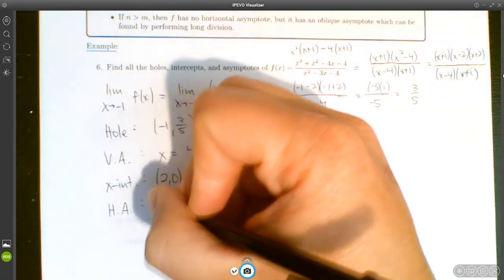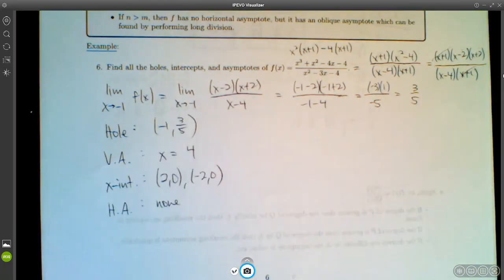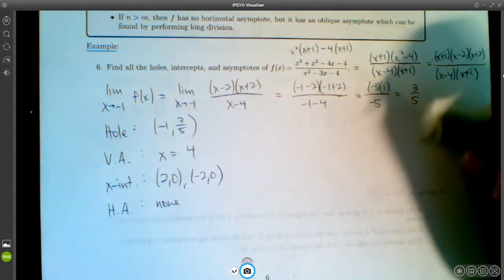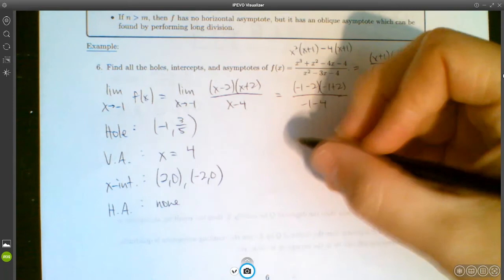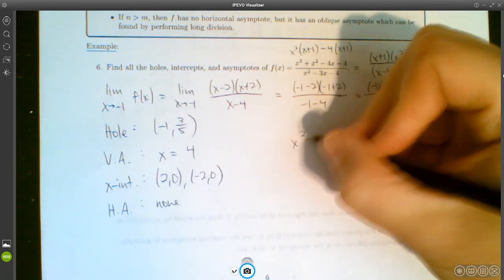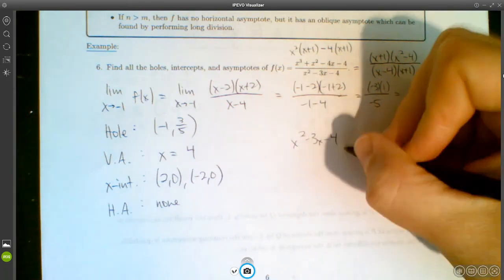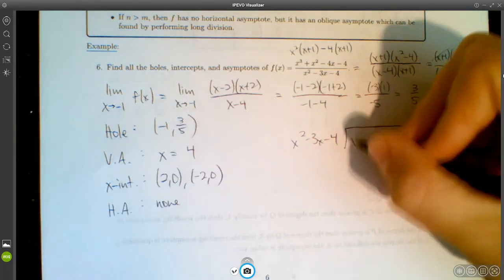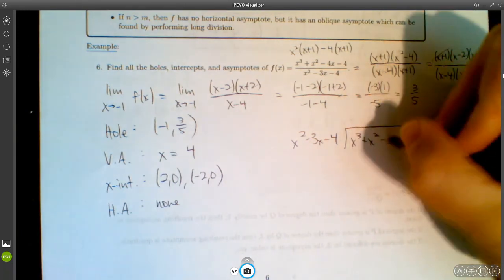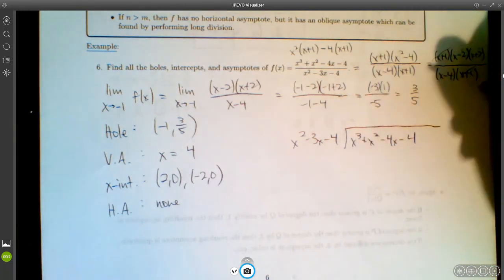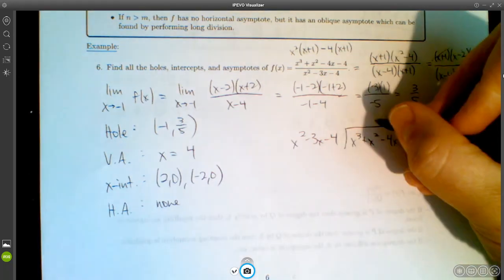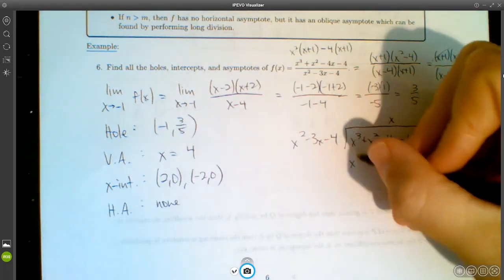But whenever I don't have a horizontal asymptote, I'm going to have an oblique one. So to find my oblique asymptote, I'm going to do some long division. X squared minus 3x minus 4 into x cubed plus x squared minus 4x minus 4. X cubed, I'm going to have to do an x.